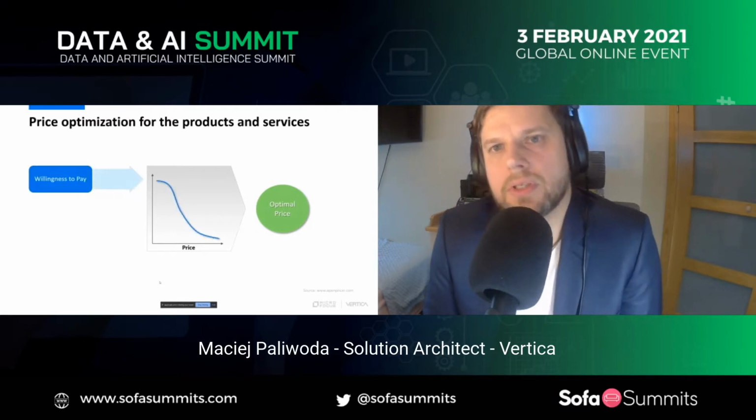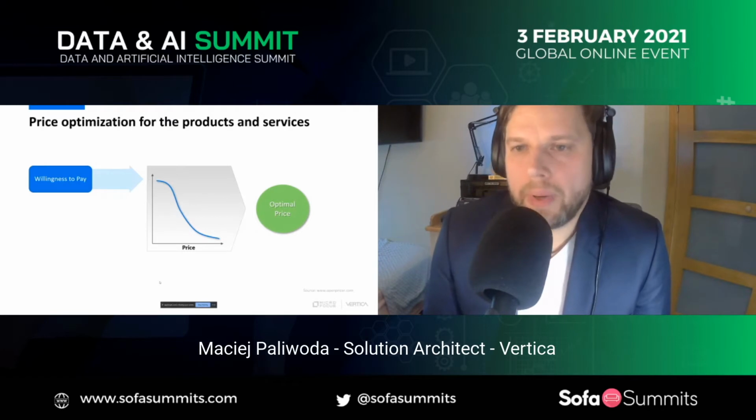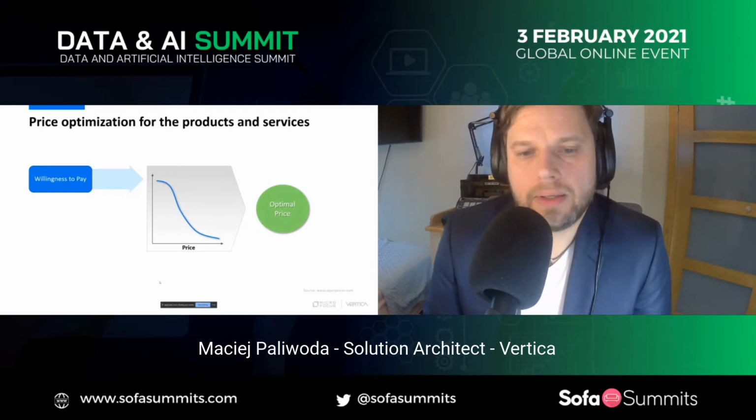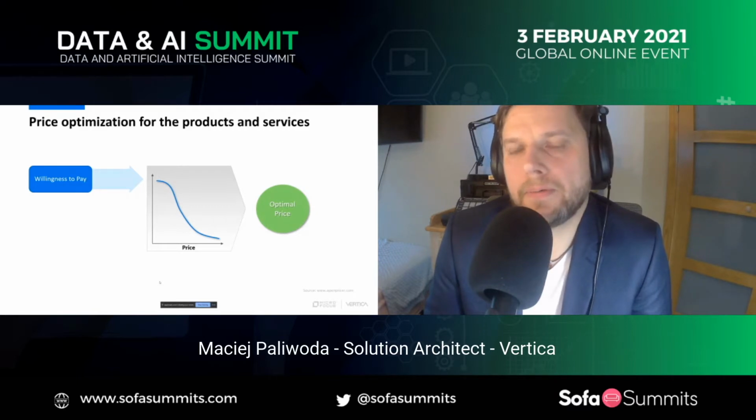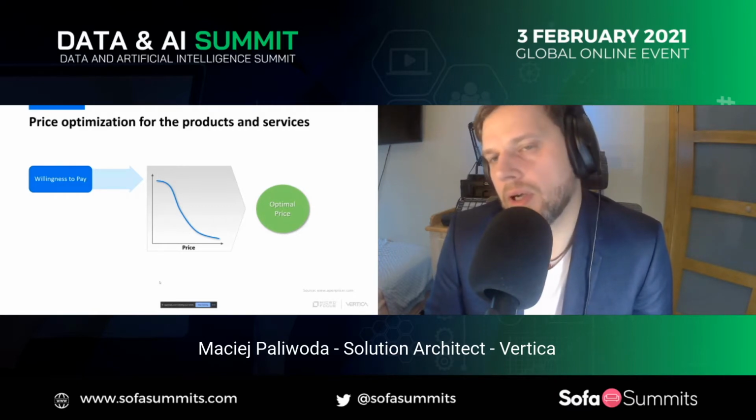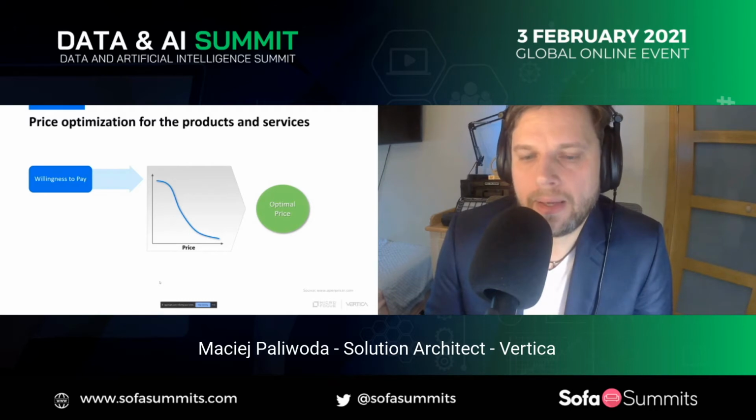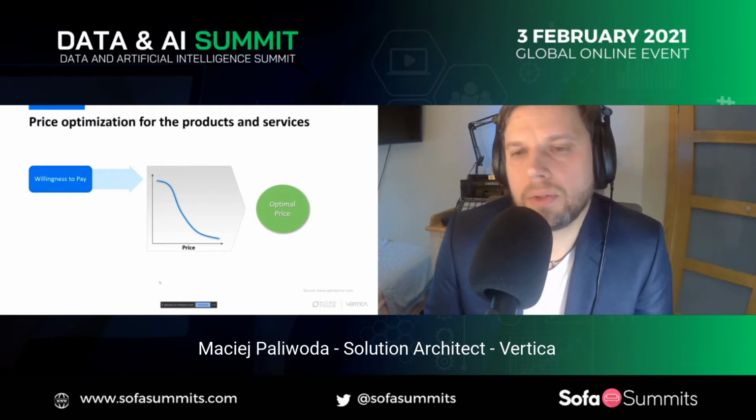First is the willingness of the customer to pay a specific amount of money, which, as you can see on the chart, decreases as the price grows. That could depend on the brand, the quality of the product, and so on.